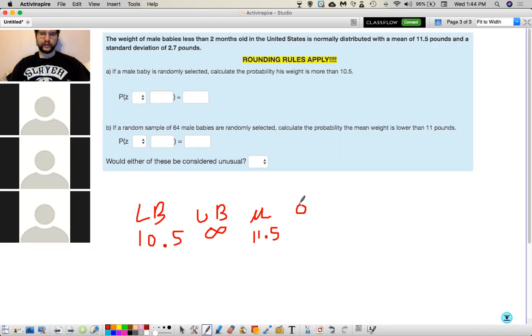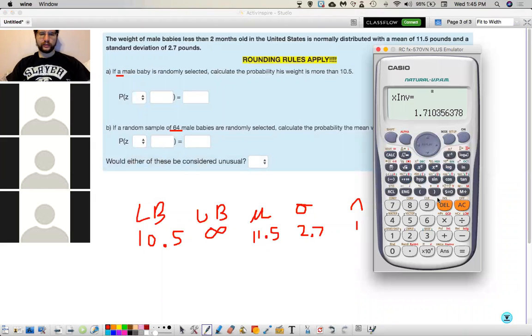My population standard deviation is 2.7. So this is for part A. And I guess I can put N as 1. It's a male baby. That's one baby, so it doesn't even matter. If we have more than one, we use the central limit theorem, which we'll do on the next part.